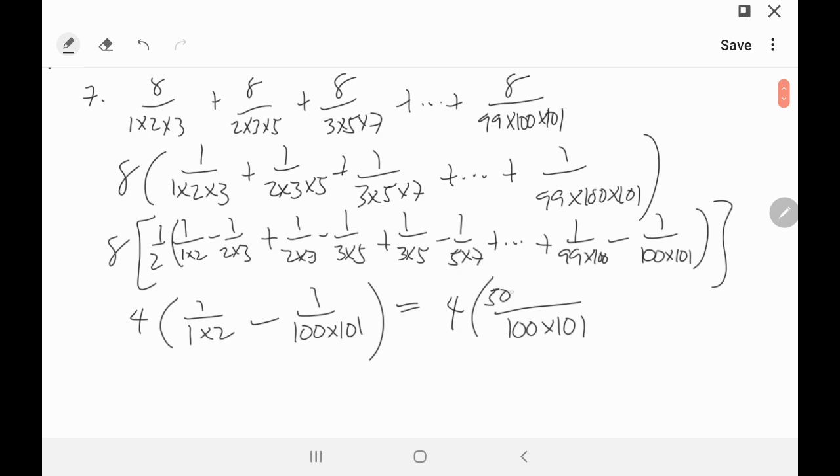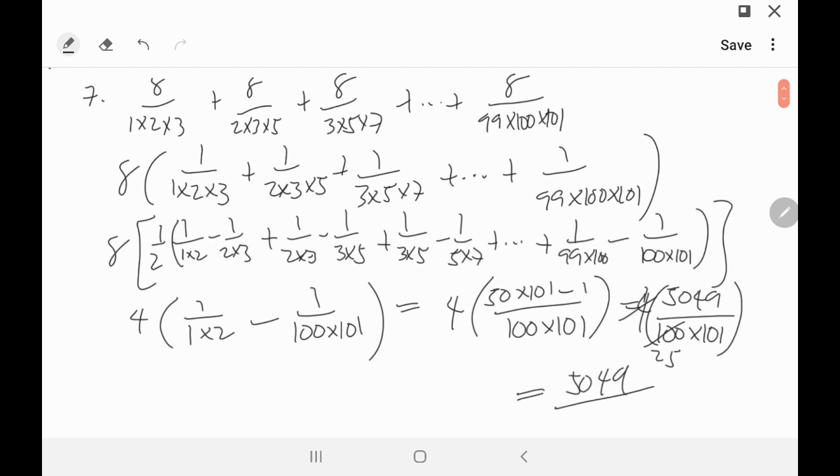So 50 times 101 minus 1, our numerator will be equal to 5049 over 100 times 101. So times 4. So cancel the 4 and 100. So 5049 over 2525 is our final answer.